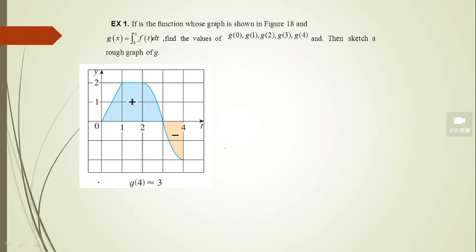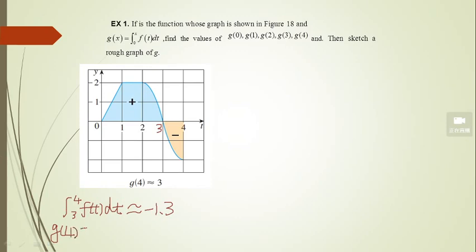Now this part from 3 to 4, ft dt, is symmetric about this part. They are symmetric. So we can estimate this one is also 1.3, but since it's below the horizontal axis, the area should have a minus sign. So the area from 3 to 4 is minus 1.3.